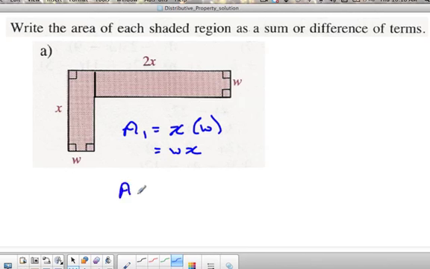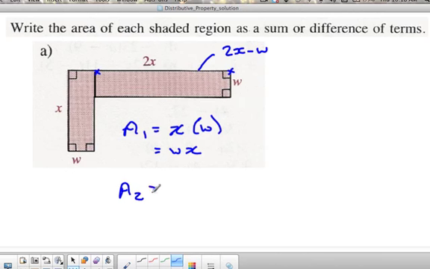Area 2, now this length is 2x. Now from here to here is w. So if I want to know the length of this side, it's going to be equal to our 2x, which is the entire length of this side, less the w, so our expression is 2x minus w.